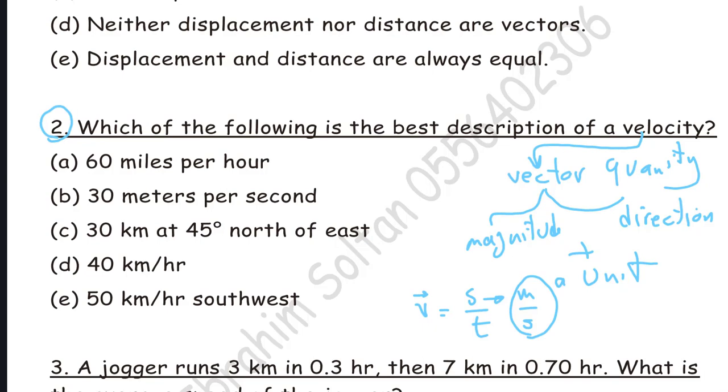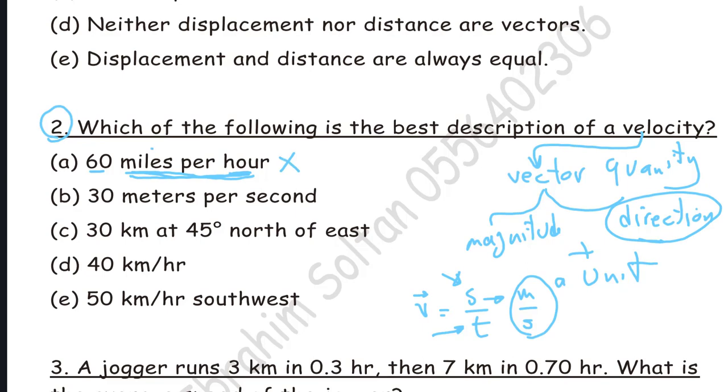The first choice is 60 miles per hour. He gives us a number with a unit. The unit is suitable because displacement is a length over time. So it is right, but hold on, it doesn't have direction, so it is wrong.